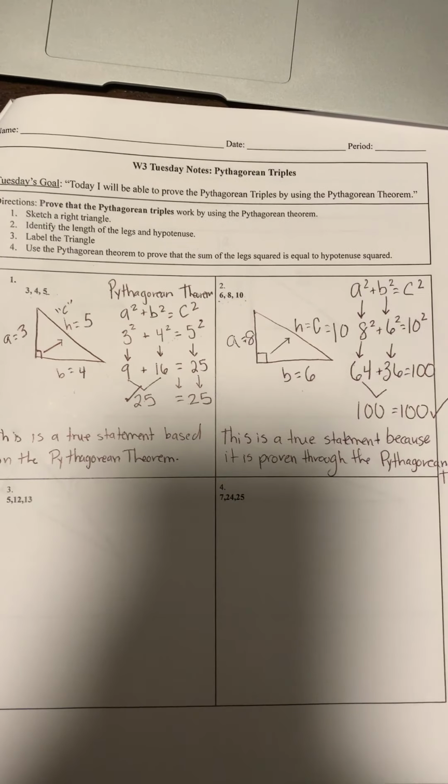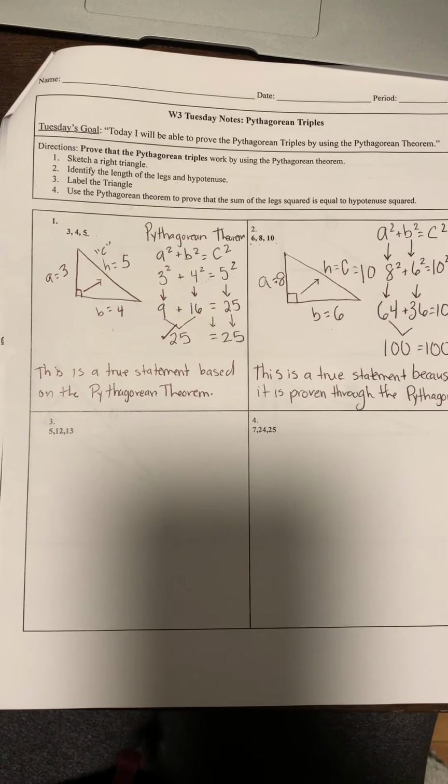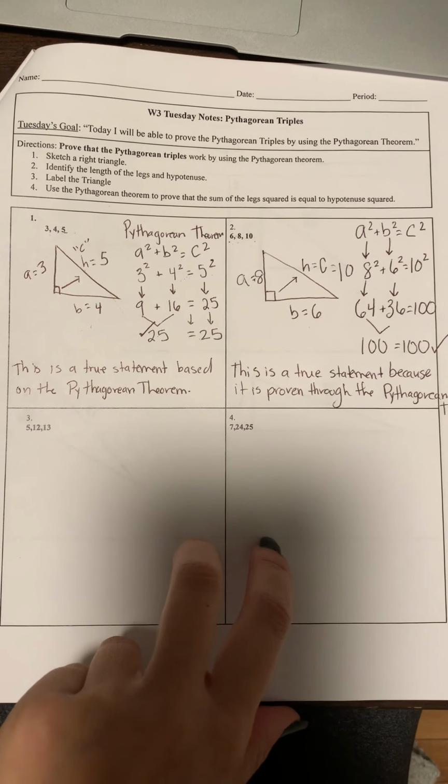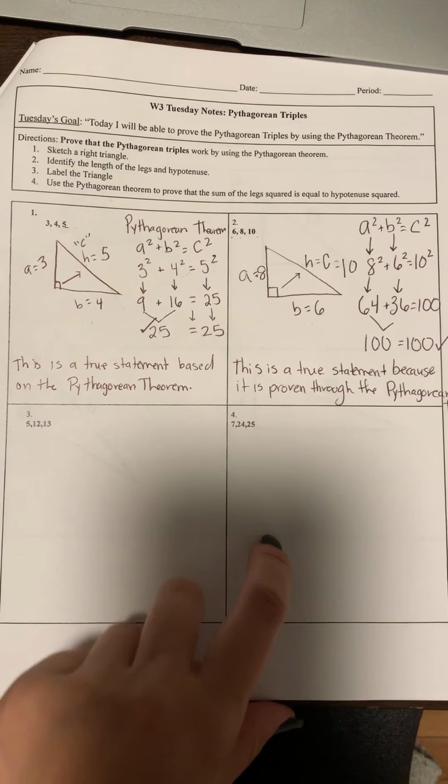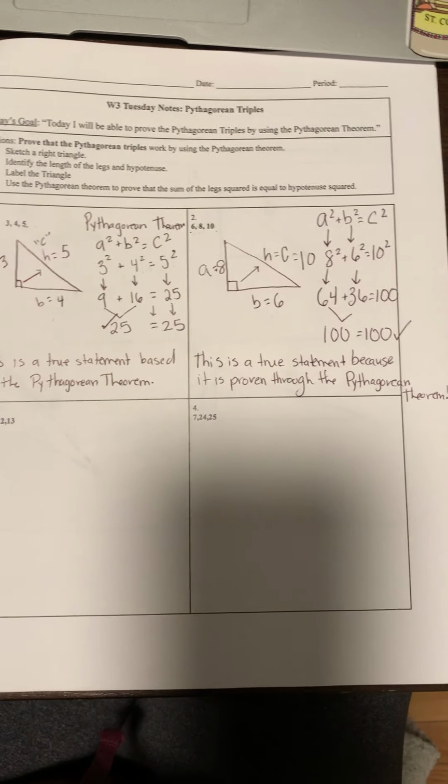Right, and that's how we're gonna go ahead and prove the next two. Okay, so we're going to use the Pythagorean theorem to prove whether they're Pythagorean triples.